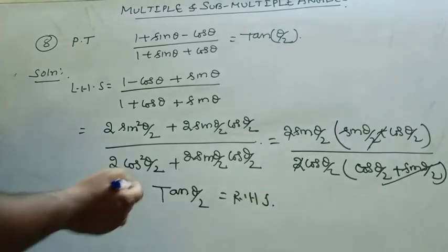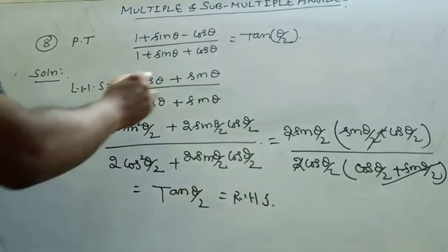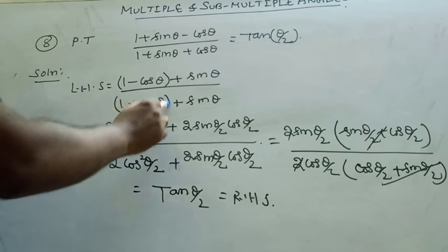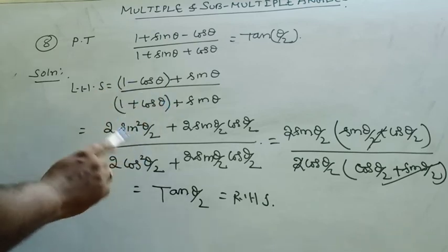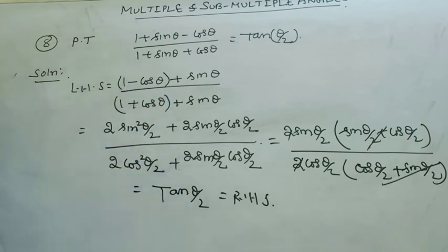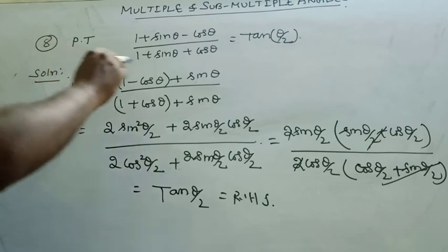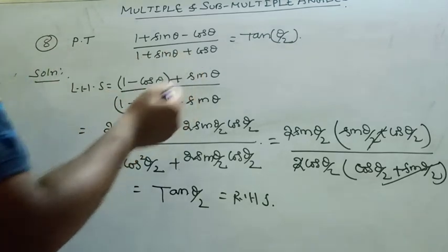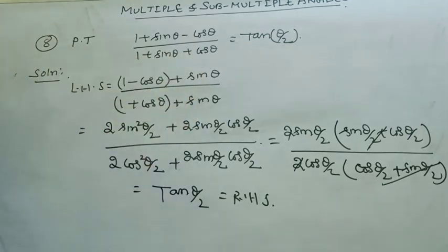In this case you have to observe clearly, if you take grouping, we will get our problem without confusion. That is what we need to check. Here we grouped 1 minus cos theta, and we grouped 1 plus cos theta, and we got like this, right?